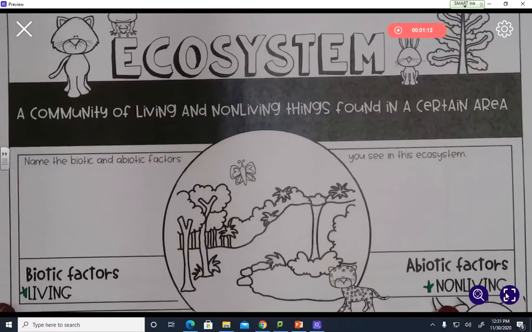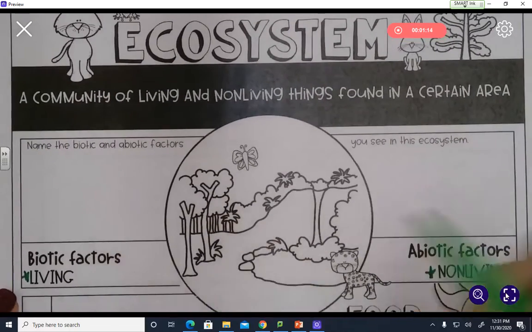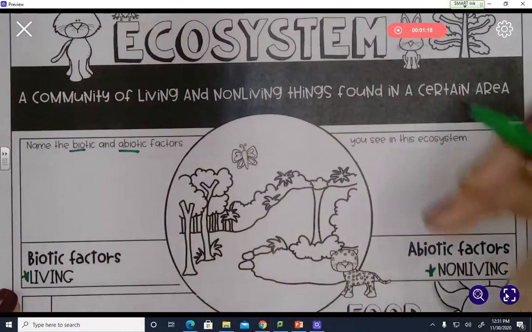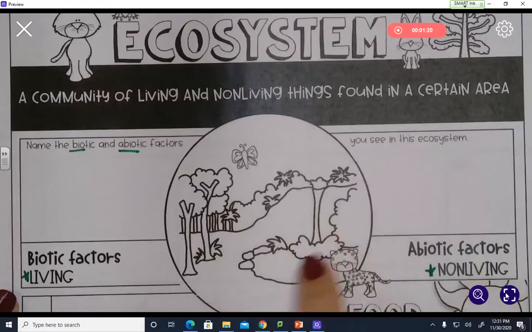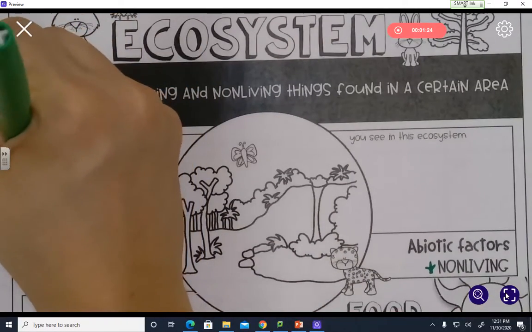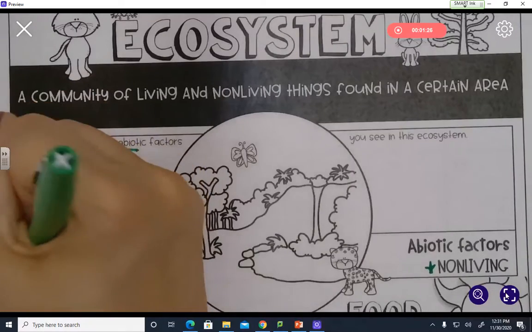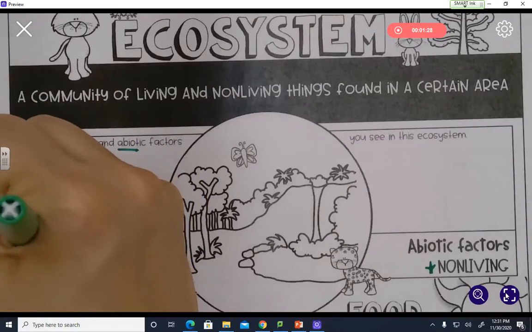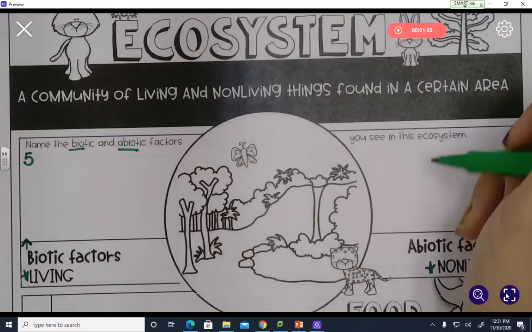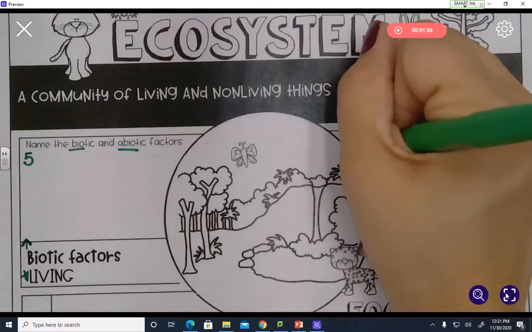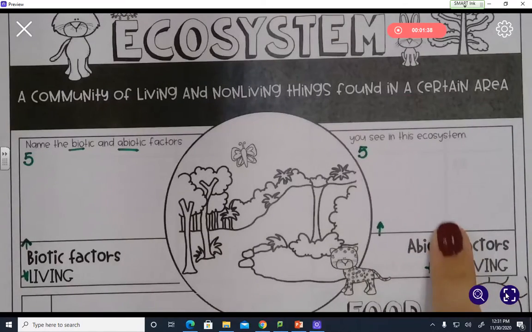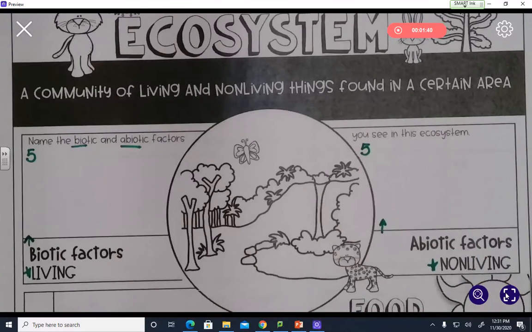All right? So we are going to name the biotic and abiotic factors in this ecosystem right here. There are 5 biotic factors. So the biotic factors are going to go over here. And there are going to be 5 abiotic factors in this ecosystem over here as well.